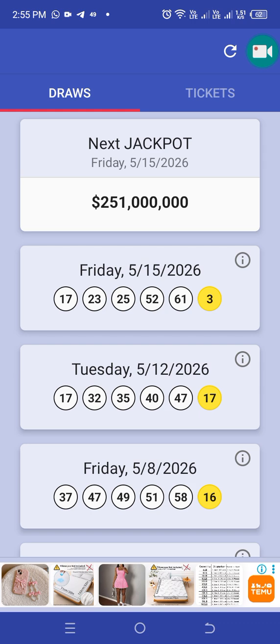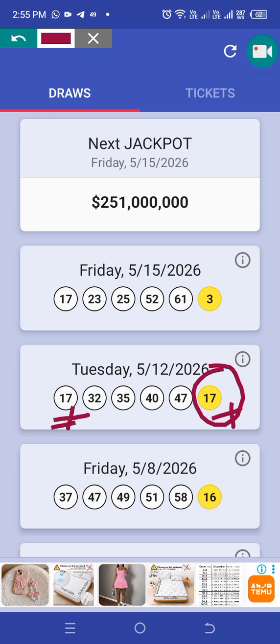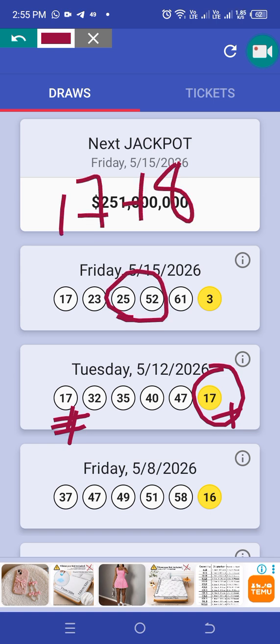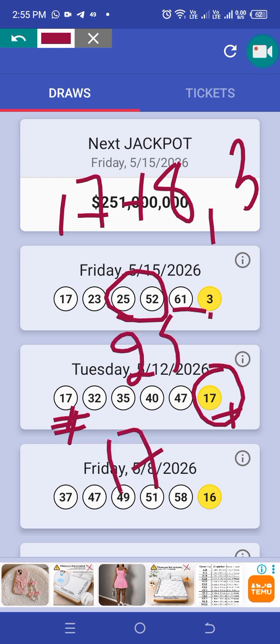So guys, let's continue. So we're going to take 17 plus 8, which gave us 25. Now 25 and 52, you can understand is 25. So now it's working with the pattern 3, meaning that if they say the 17 plus 8 is equal to 25, 25 plus 3 is equal to 28.